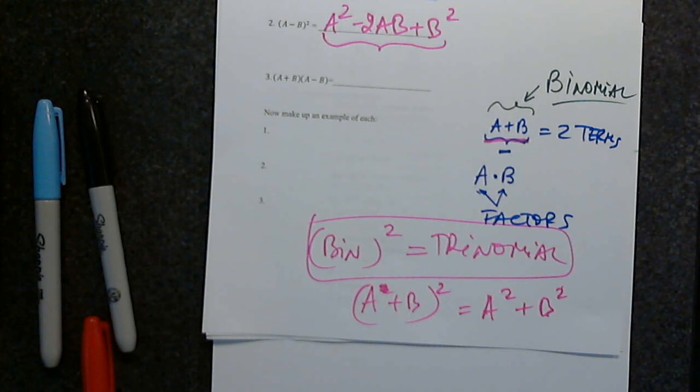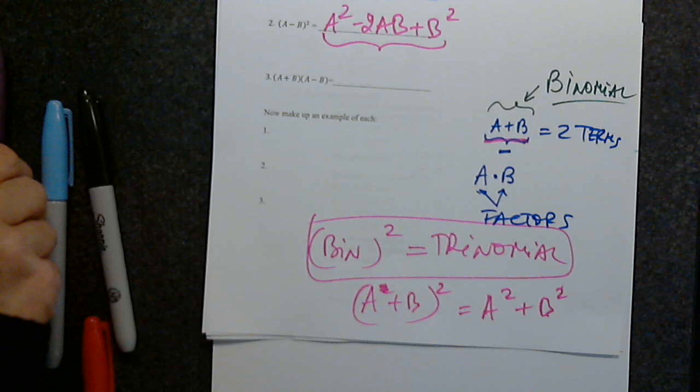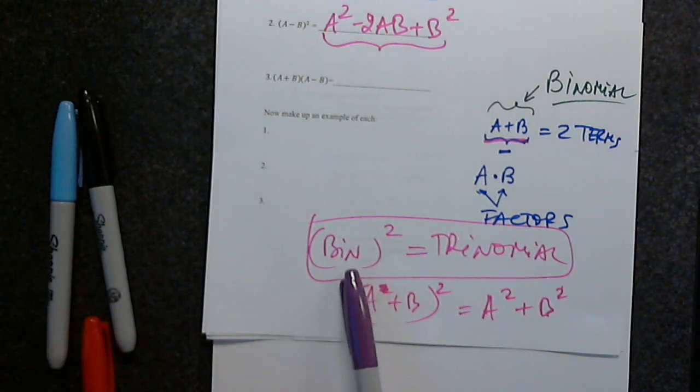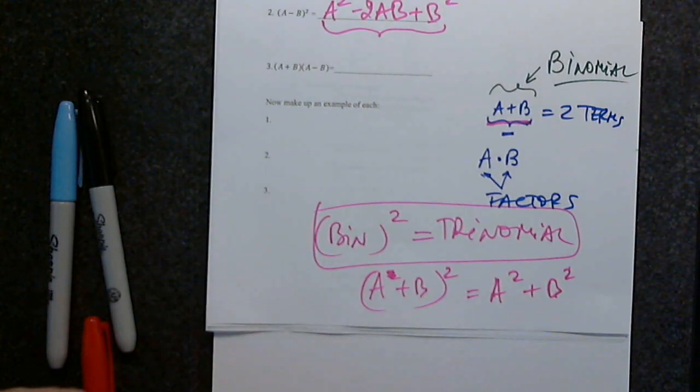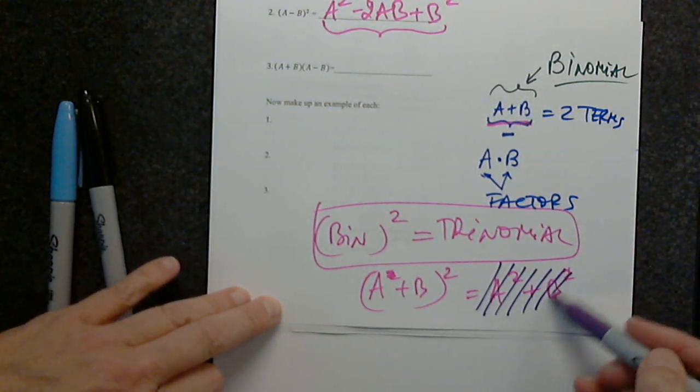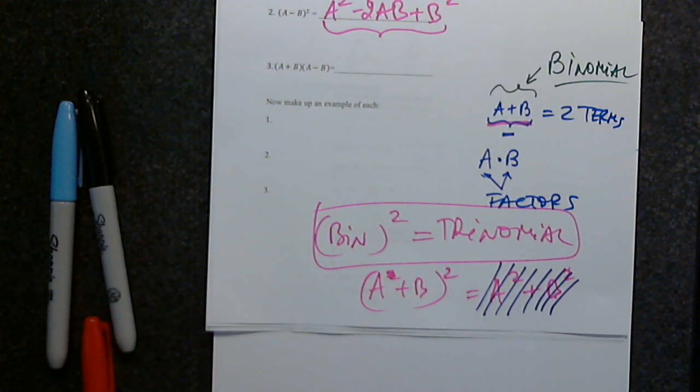Would you ever make that mistake? Probably. But not after you know now that a binomial squared is a trinomial and this is not a trinomial. What is this? A binomial. So that will be incorrect. There is a missing term in there, which is 2ab.